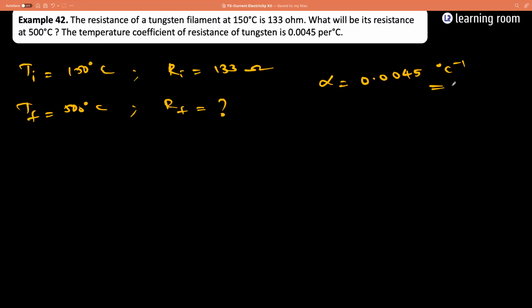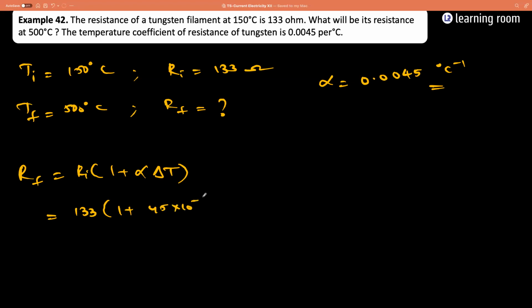This is the formula you applied? RF is equal to Ri into 1 plus alpha into delta T. 133 into 1 plus alpha is 45 into 10 power minus 4 into delta T 350. This is what you did?